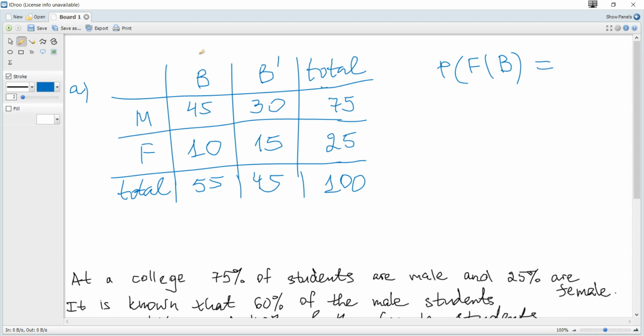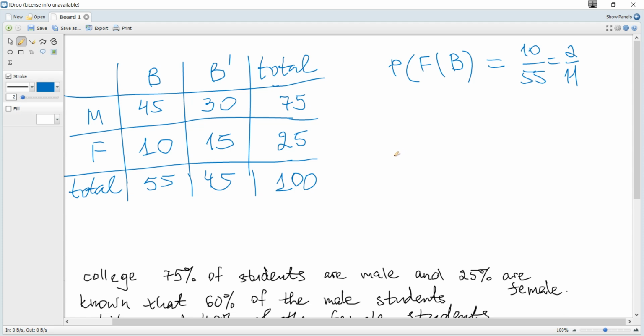Given bike, it means we choose out of the total bike, and we need female, so we need 10 out of 55, which is 2/11. You may find it directly like this, or you may use a formula.